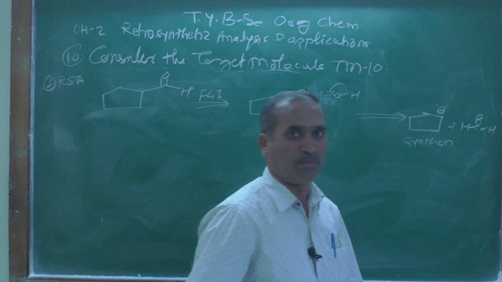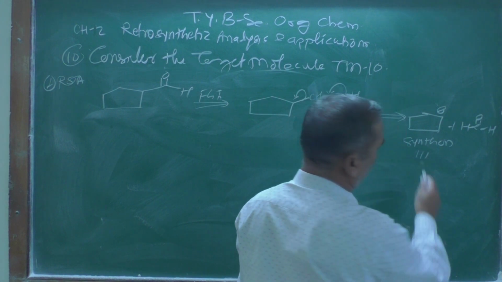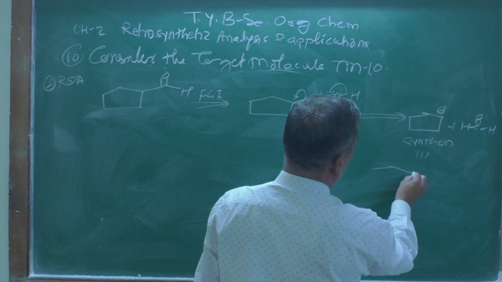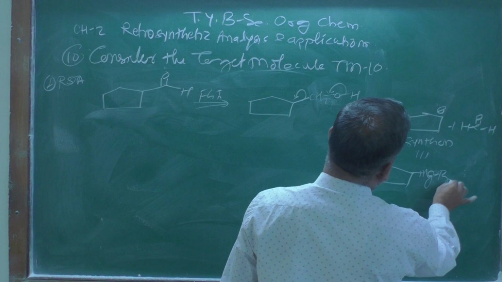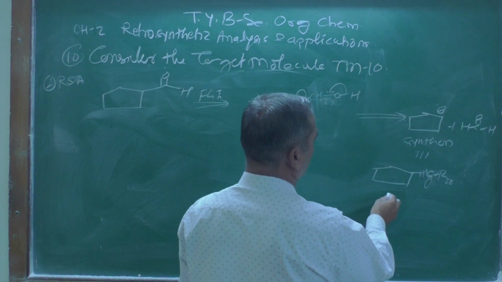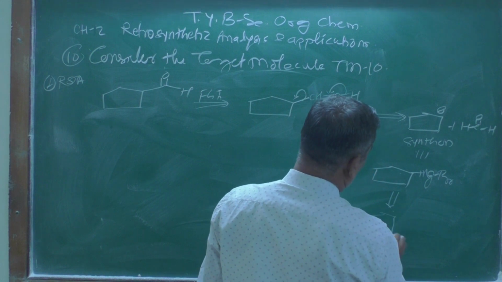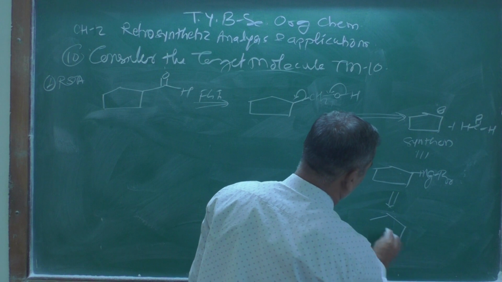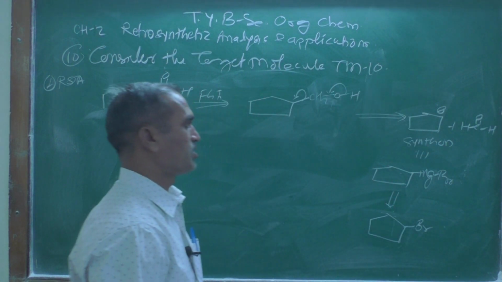And this synthon must have a synthetic equivalent. The synthetic equivalent is represented by three lines, and you must get over here Mg and Br, right? And once you get this Grignard's reagent, we can obtain it from this compound, that Br, which we have seen just now.